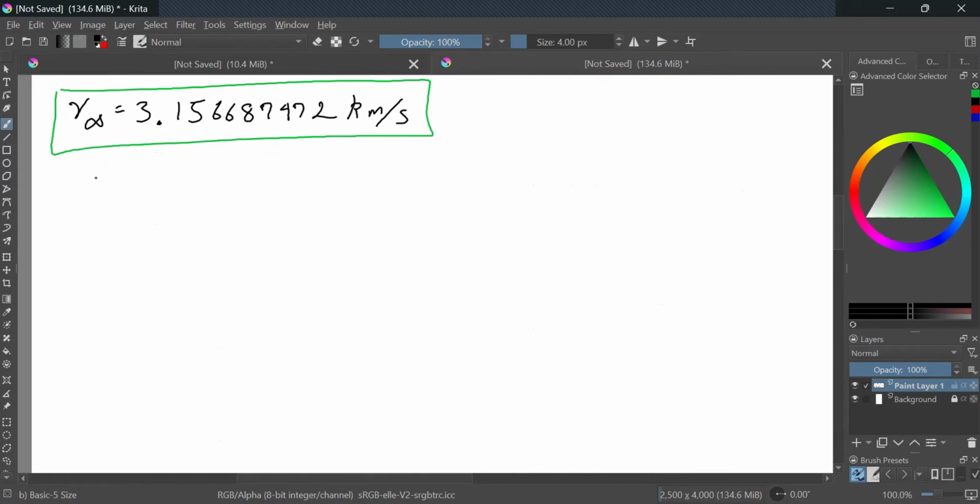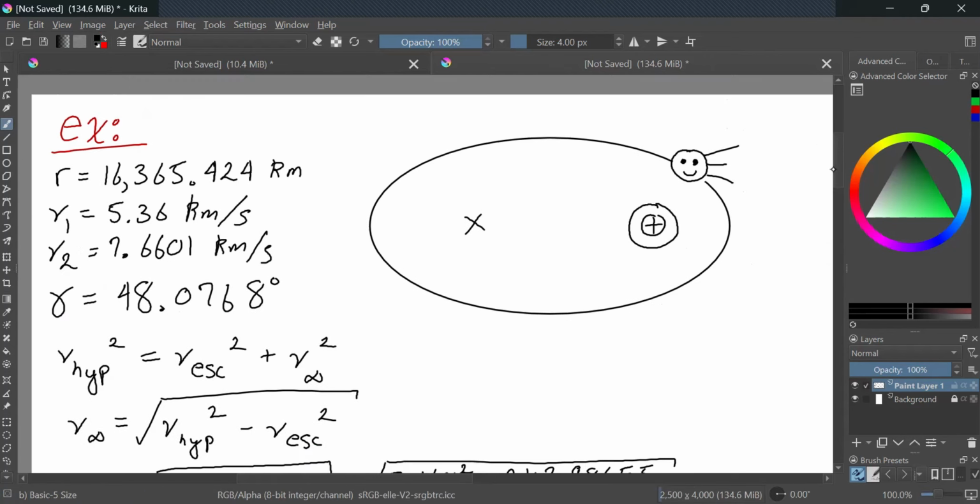So now we need our outbound angle, which is a cosine of -1 over the eccentricity, which I did not include here. We have the radius, the velocity, and the flight path angle.